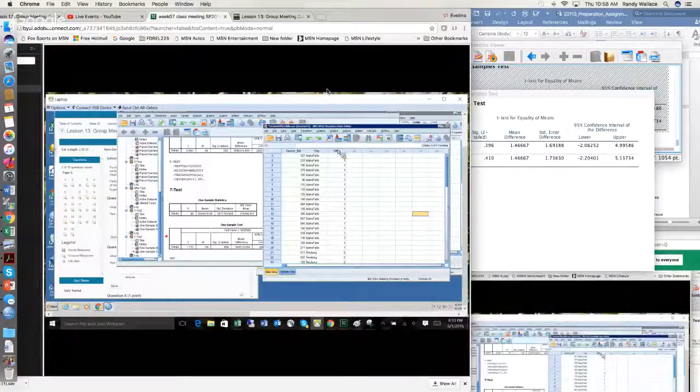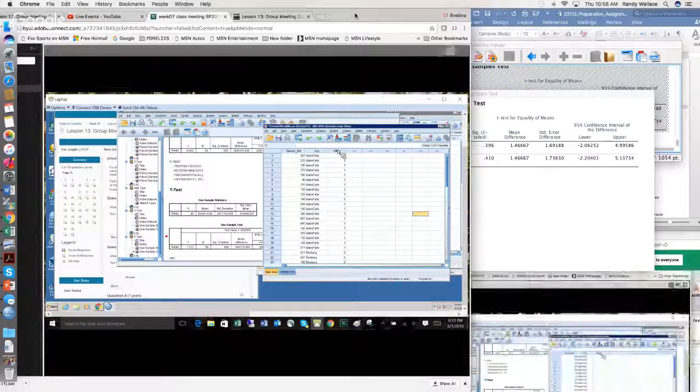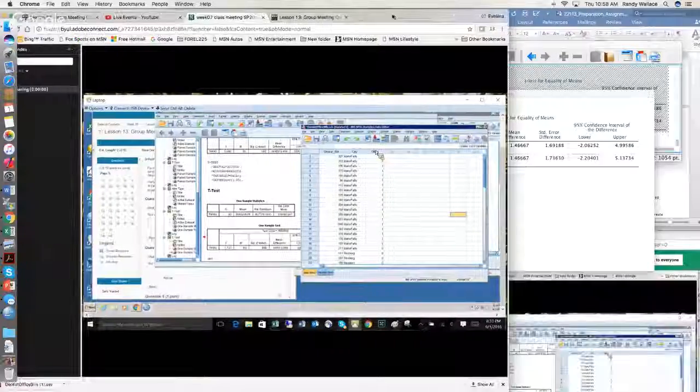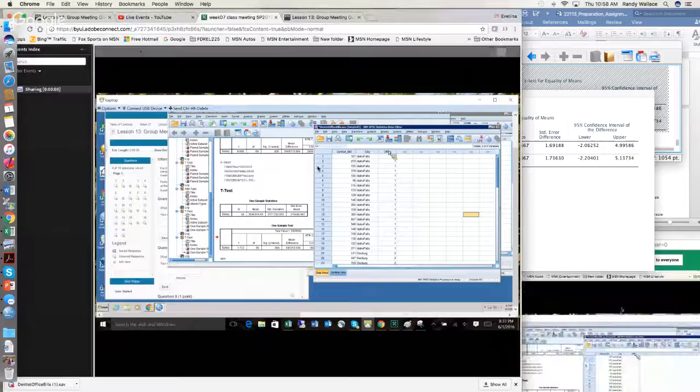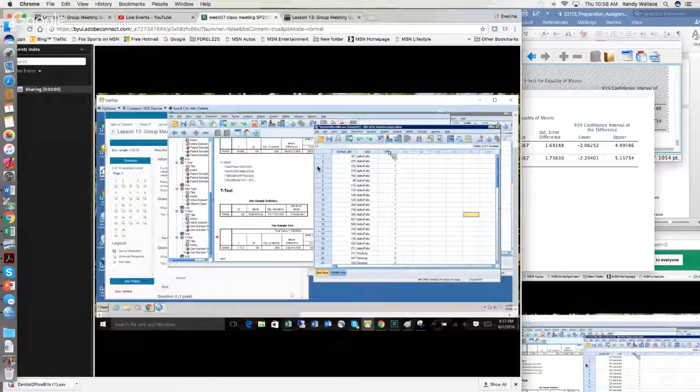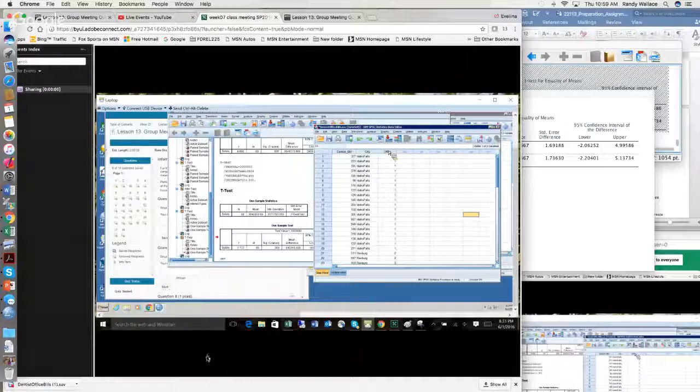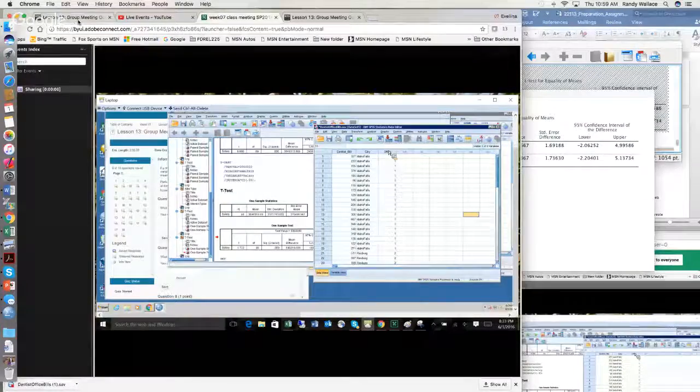I guess we can look at his class meeting from last year and see if my SPSS is not calculating it right. We calculated the other ones right though, which was weird.